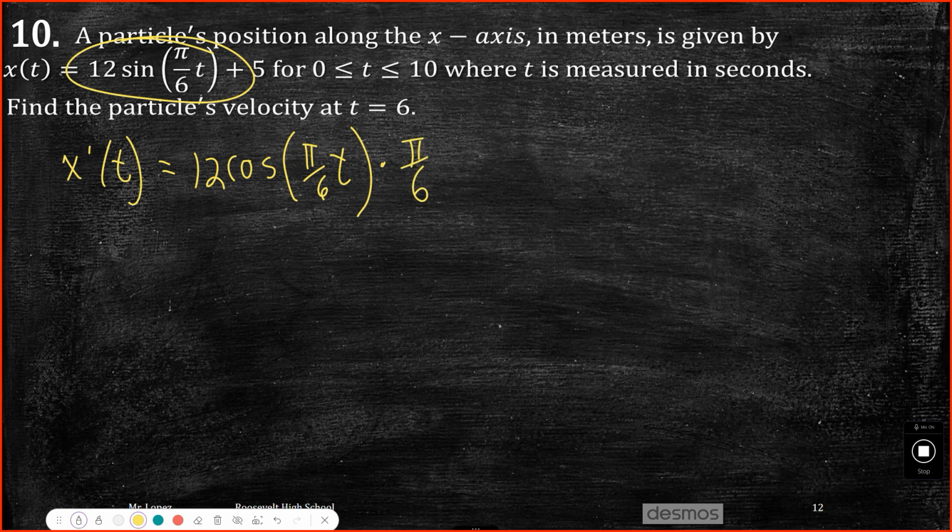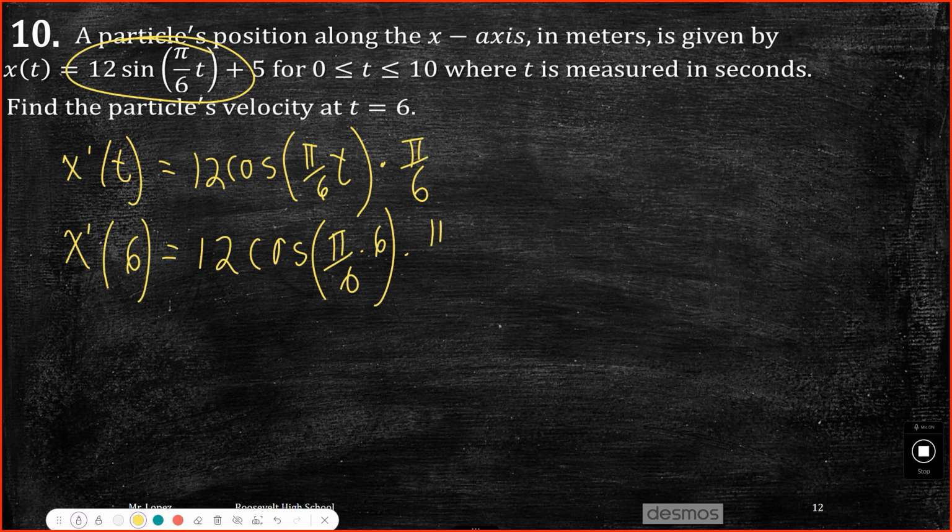Then evaluate x prime at 6. 12 cosine of pi over 6 times 6, times pi over 6. 12 cosine pi times pi over 6.